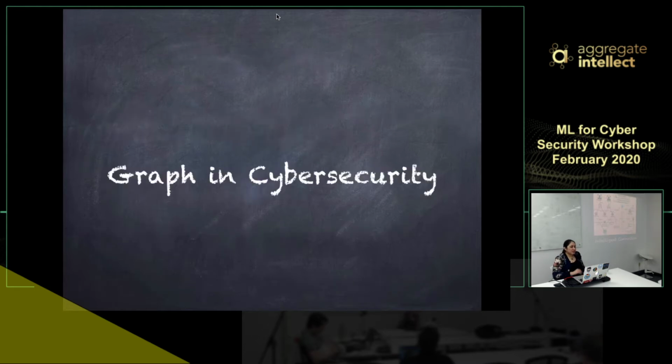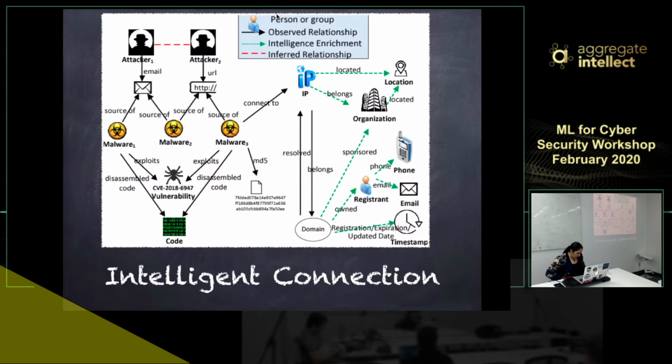Graph in cybersecurity: the threat intelligence team is a team that gathers intelligence related to attacks or threats that are coming. They get their sources from different locations. They are using graph massively.